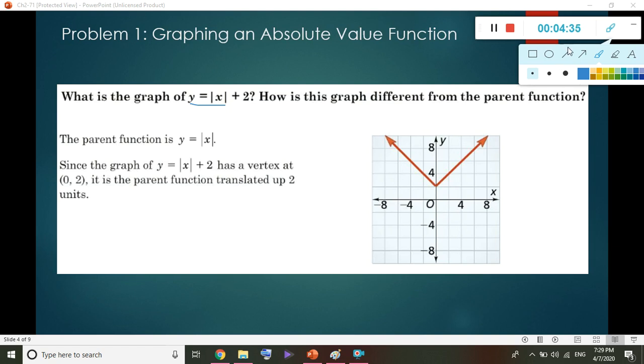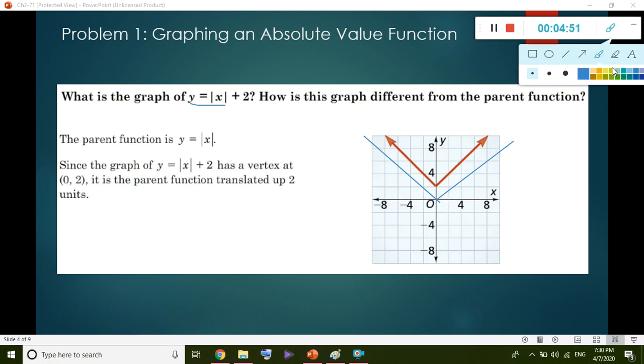Originally the graph is going to be this way, somehow this way and this way. So this is the original graph we have.